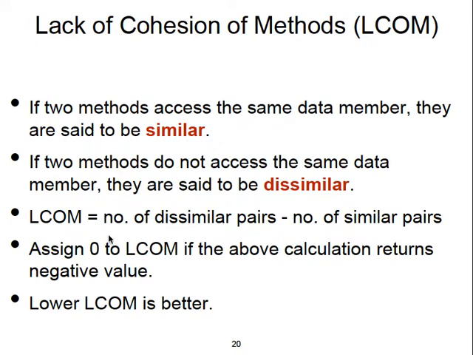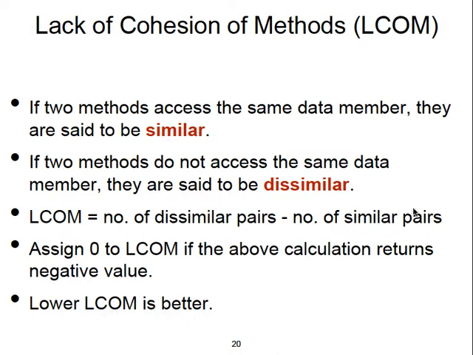Now, the outcome can be calculated by using the number of dissimilar pairs of methods minus the number of similar pairs of methods. And we say a lower outcome is better.